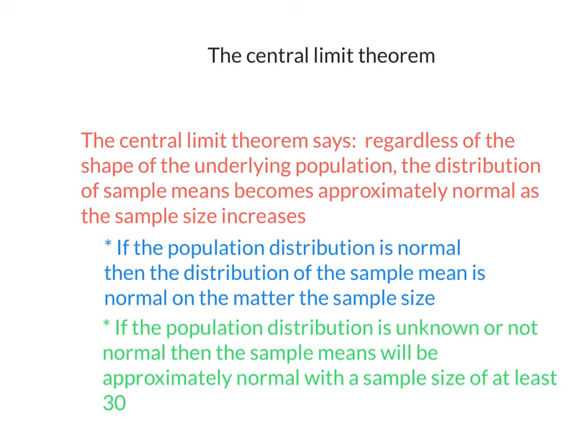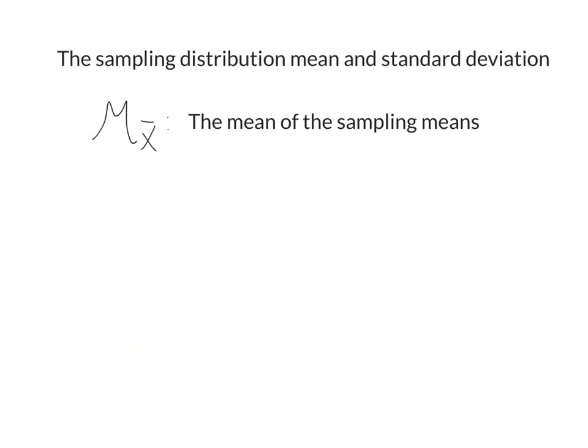All right, so let's take a look next at what the mean and the standard deviation are of sampling distributions. The first is the mean of the sample means. To find the mean of the sample means, it will actually just be the mean of the population.